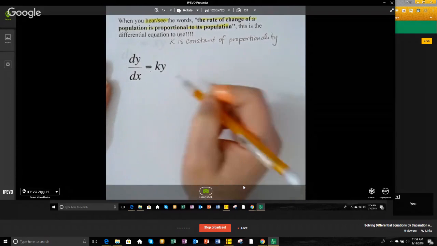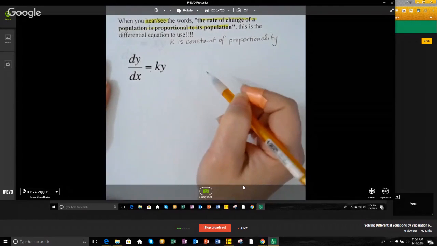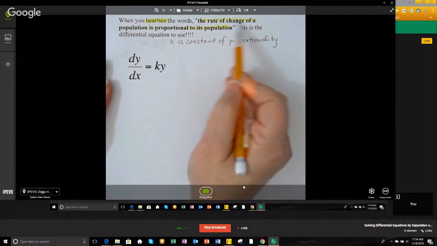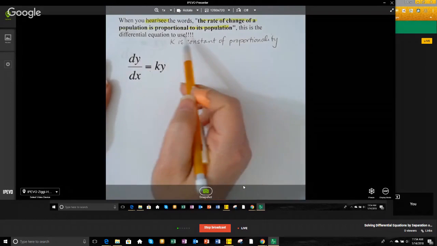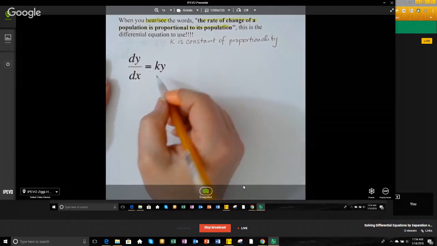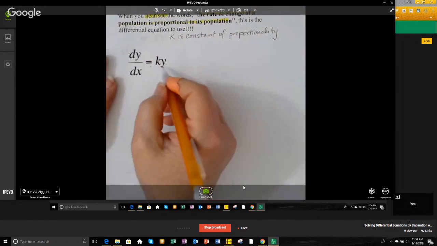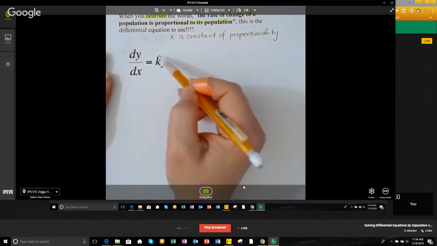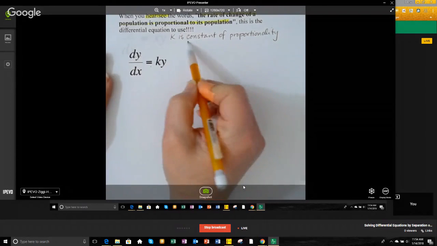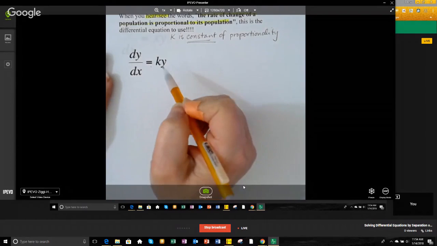So this right here is a differential equation. The rate of change of a population is proportional to its population. So we're going to solve this because this is very common in science. And so we're going to separate the variables, and we're going to leave the k, which is a constant, on the right side. So resist moving it.